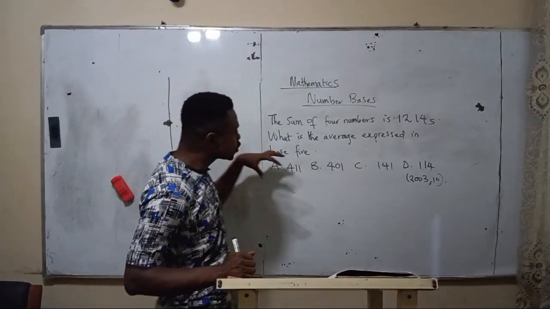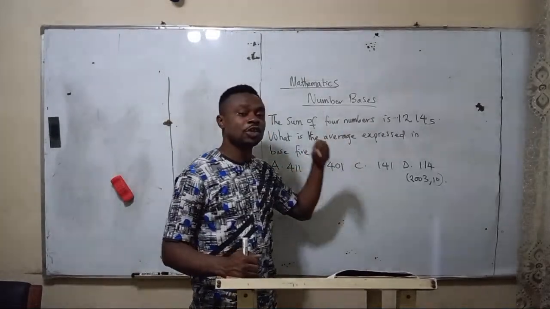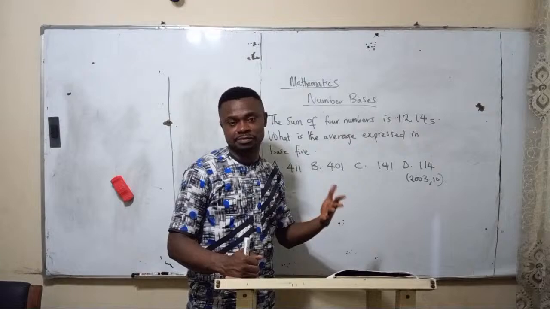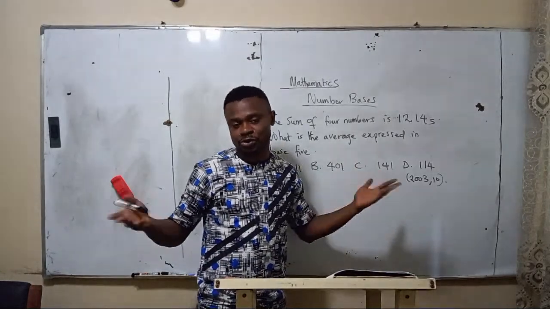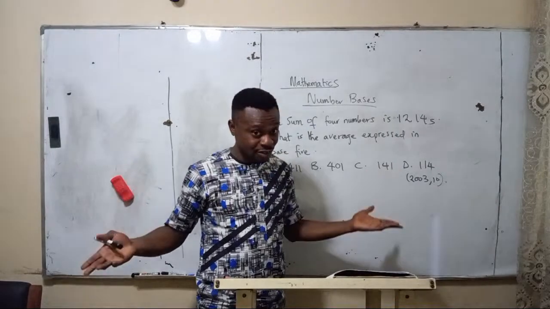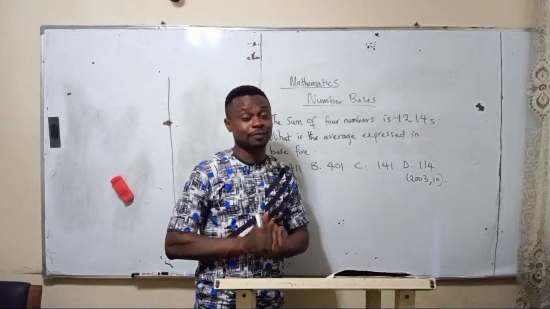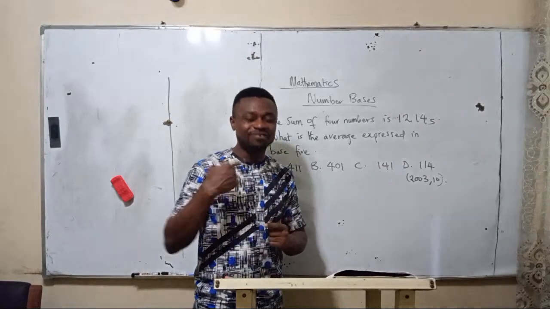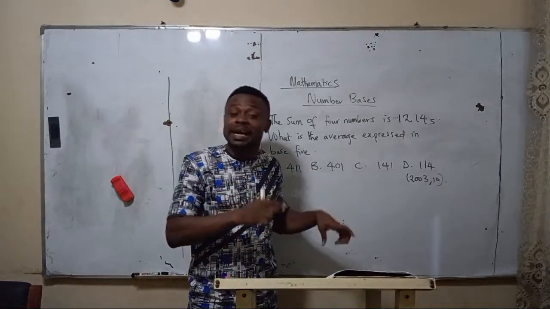Before we solve the question, I want us to understand that when we talk about the average of numbers, if you are given four numbers and told to find the average, that means you have to add the numbers, get the sum, then divide the sum by how many numbers you added.